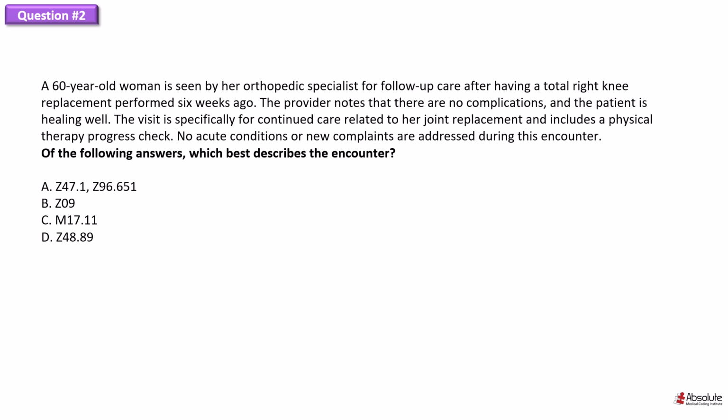The provider notes that there are no complications and the patient is healing well. The visit is specifically for continued care related to her joint replacement and includes a physical therapy progress check. No acute conditions or new complaints are addressed during this encounter. Of the following answers, which best describes the encounter? And your time begins now.